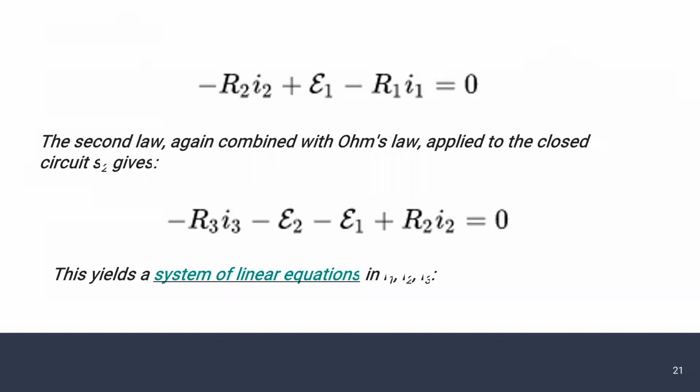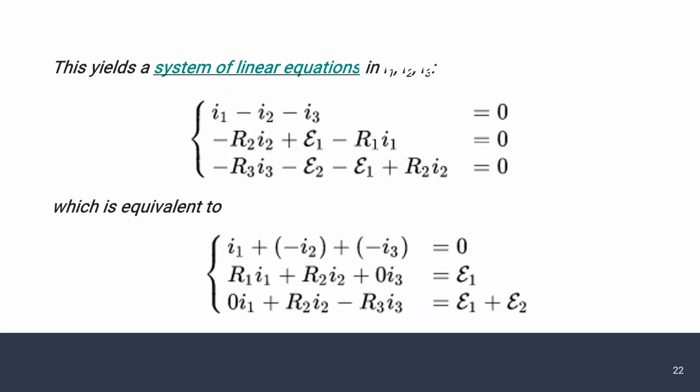This yields a system of linear equations in I1, I2, I3: I1 minus I2 minus I3 equals 0; minus R2 I2 plus E1 minus R1 I1 equals 0; and minus R3 I3 minus E2 minus E1 plus R2 I2 equals 0. This is equivalent to: I1 minus I2 minus I3 equals 0; R1 I1 plus R2 I2 plus 0 I3 equals E1; 0 I1 plus R2 I2 minus R3 I3 equals E1 plus E2.